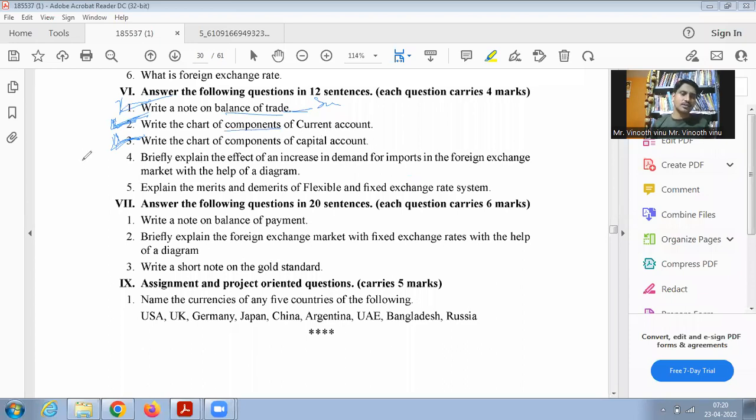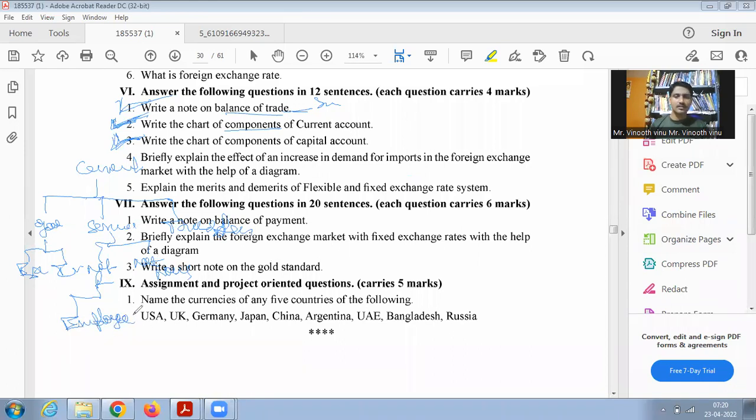Components of current account. Already I told you, current account maintains trade in goods, trade in services, and transfer payment. Goods: export of goods, import of goods. Net factor income is about employees going abroad and earning, and other countries' employees coming to our country and earning.